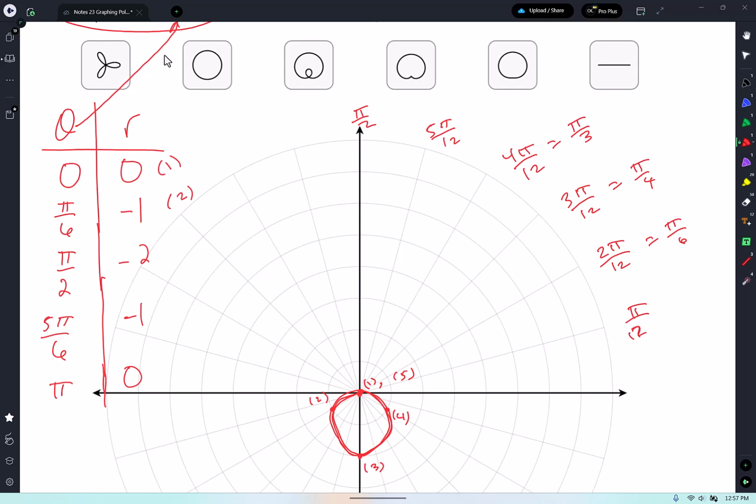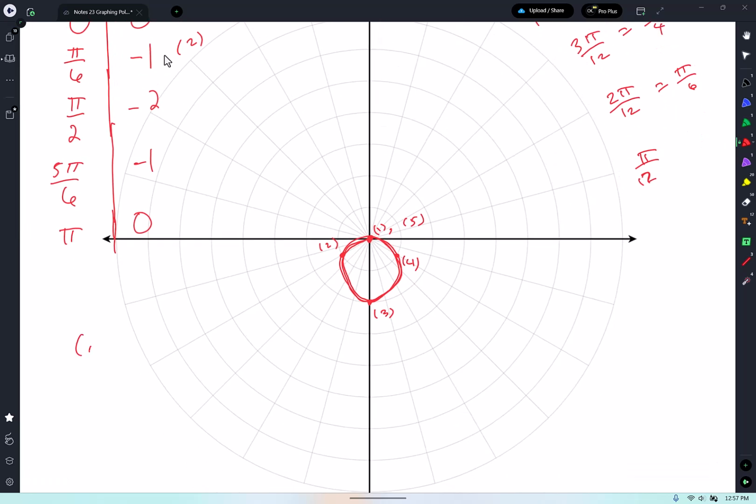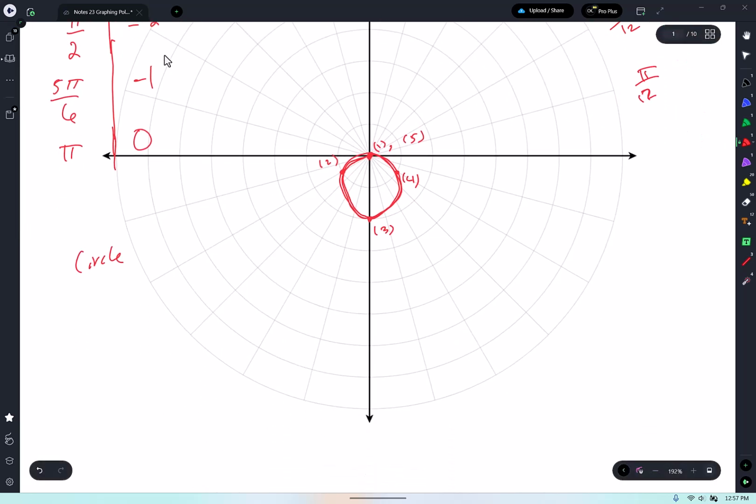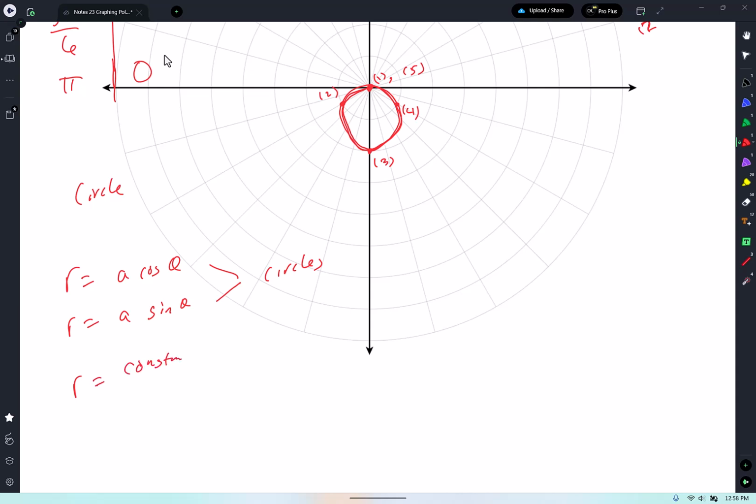A circle. So all of them that look like this, a cosine theta or a sine theta, will be circles. And of course, as well as r equals some constant, like 1, 2, 3. That's just a circle centered at the origin. So this is the only one that's centered at the origin.